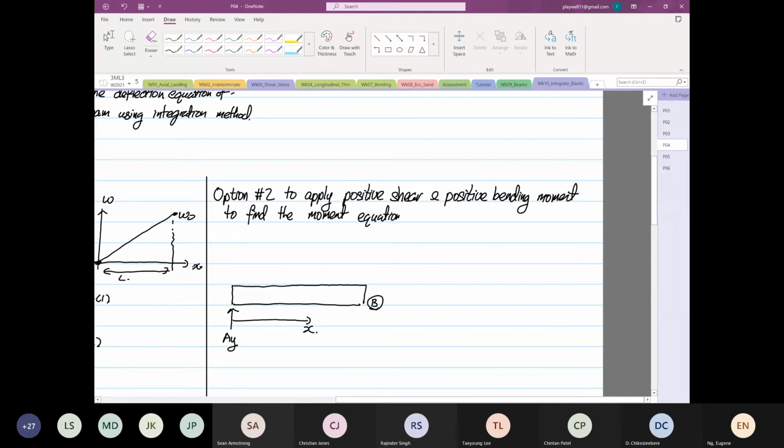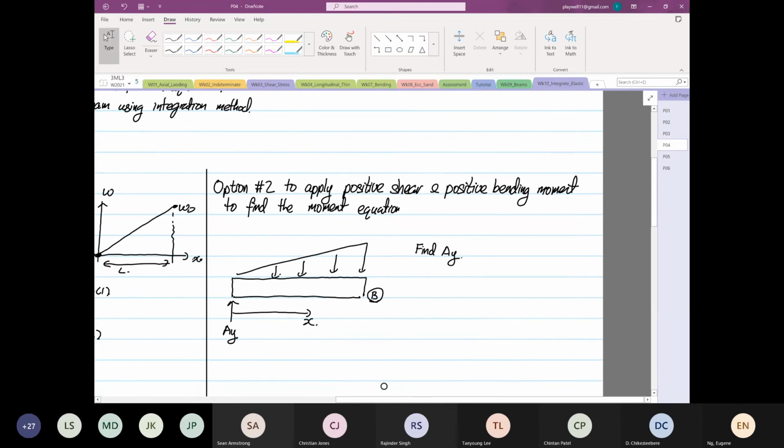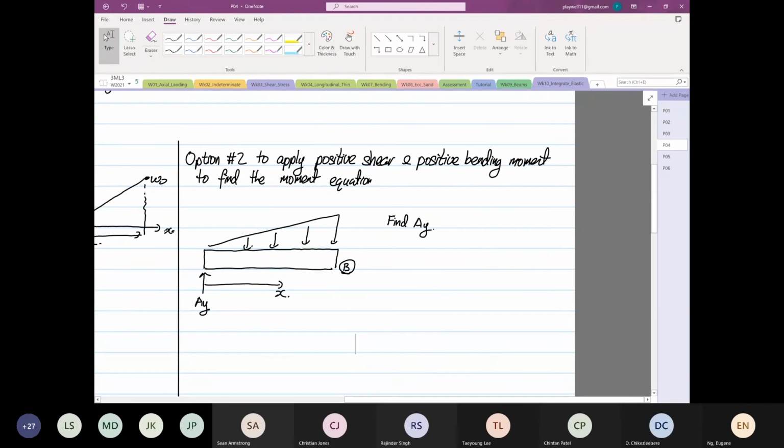So point B is not important, but we want to find AY, right? So we have a load like this, and to find AY, you have to find the equation of the distributed load.